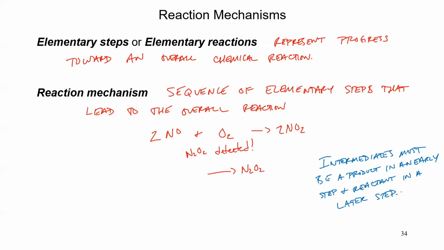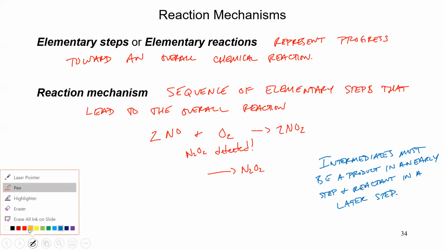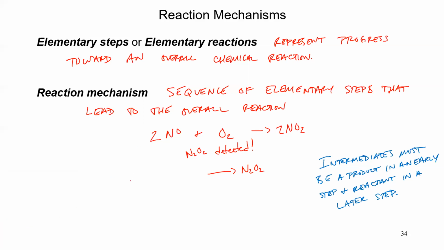Based on these reactants that we have, NO and O2, the only way to get N2O2 is to combine those two NO molecules. So it must be that this first step is NO plus NO, which leads to N2O2. That's step one.